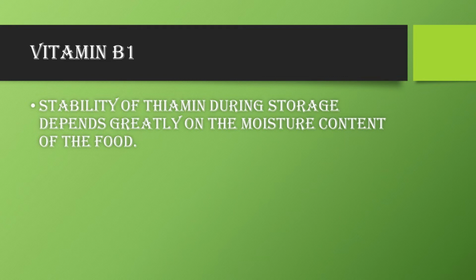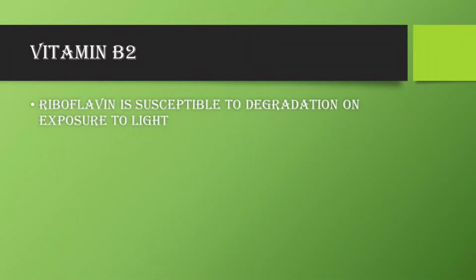Thiamine, riboflavin, and niacin are stable during bread baking. Between 5 to 25% of the vitamins are lost. Anything more than a minor change in the molecule results in a loss of vitamin activity.